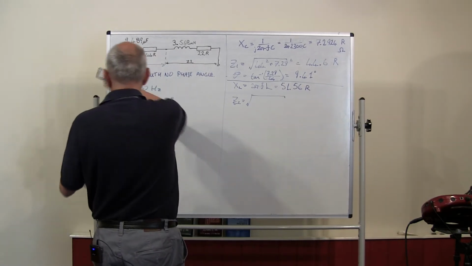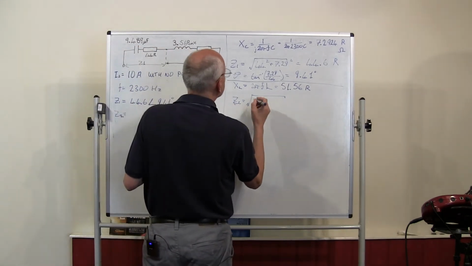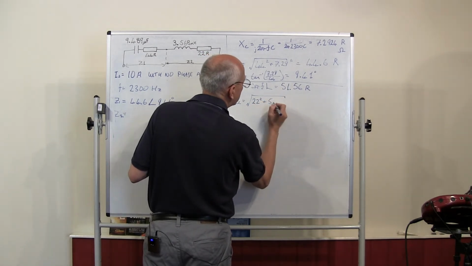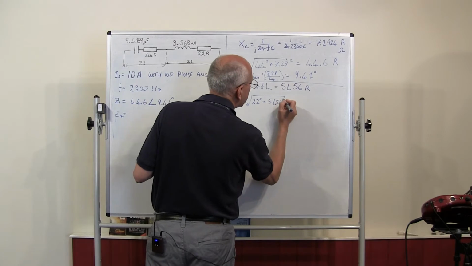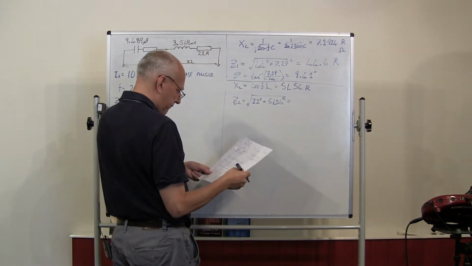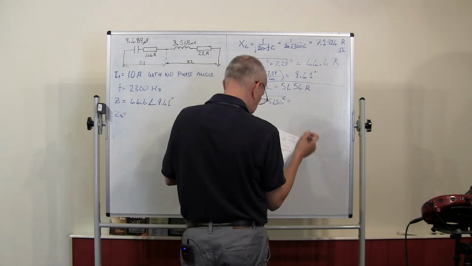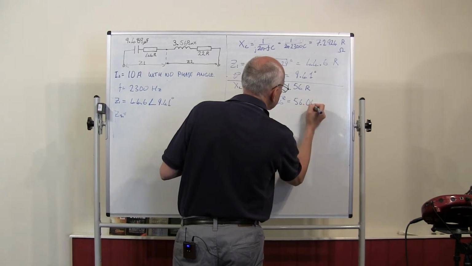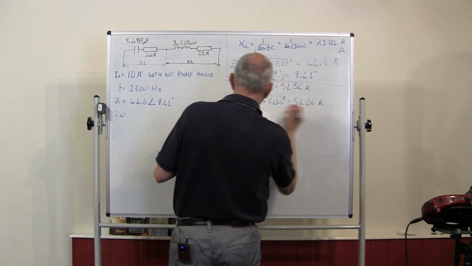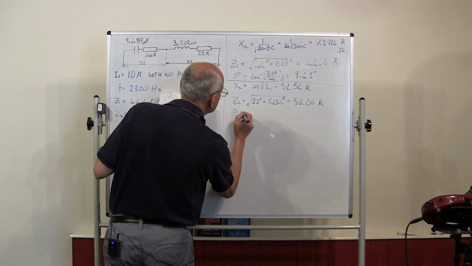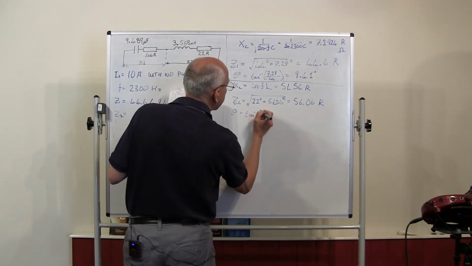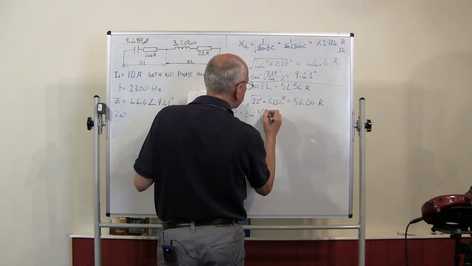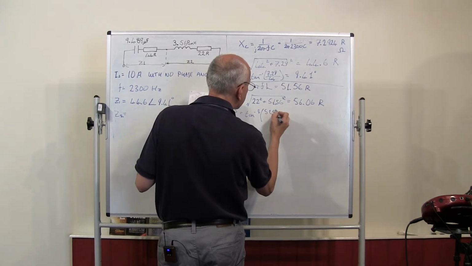The Pythagoras of that is 22 squared plus 51.56 squared, which gives me 56.06 ohms, and the phase angle is going to be the inverse of tan of 51.56.